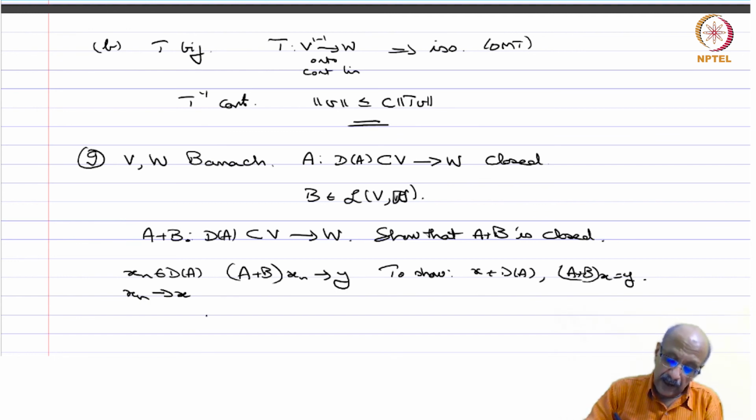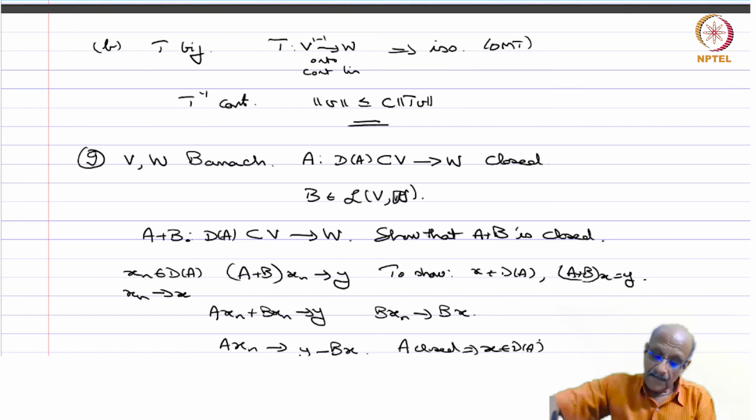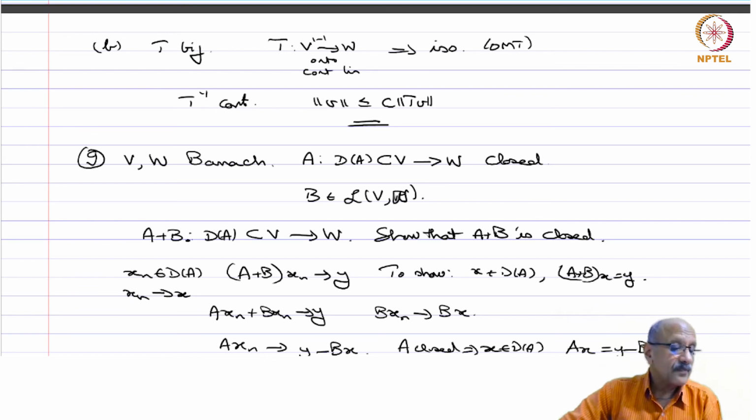So Axn plus Bxn converges to y, but B is continuous, so Bxn converges to Bx. Therefore Axn converges to y minus Bx, and xn converges to x. A is closed, given, so this implies x belongs to D(A) and Ax equals y minus Bx, and therefore (A plus B)x equals y. So this shows it. Okay, thank you.